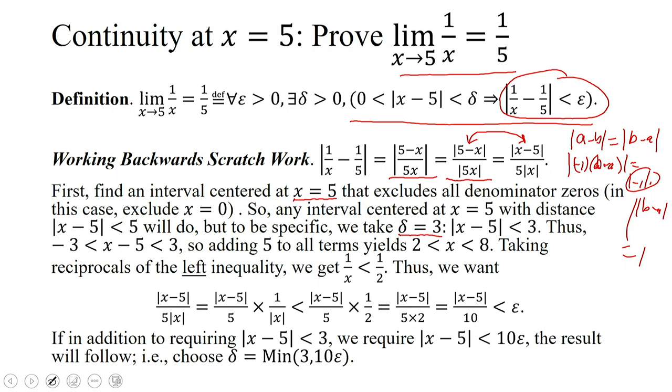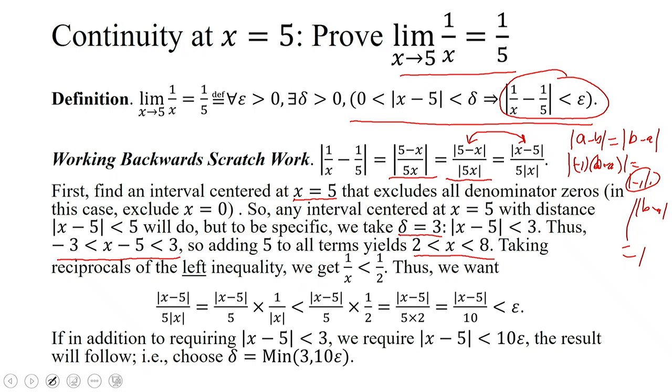So when we have absolute x minus 5 less than delta, less than 3, that's equivalent to saying that the value of x minus 5 is between minus 3 and plus 3. So if you add 5 to all sides, you'll end up with the inequality that x is between 2 and 8.